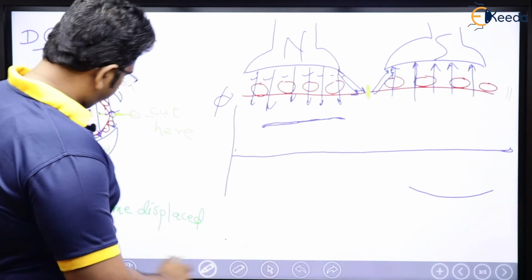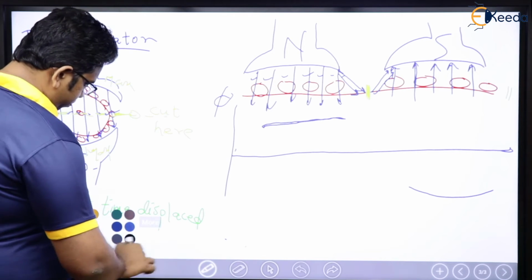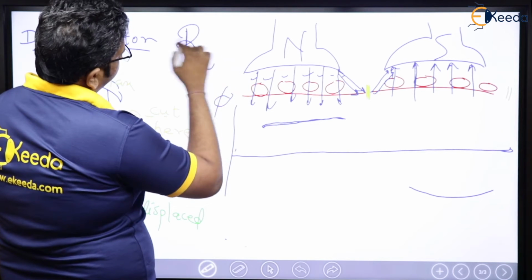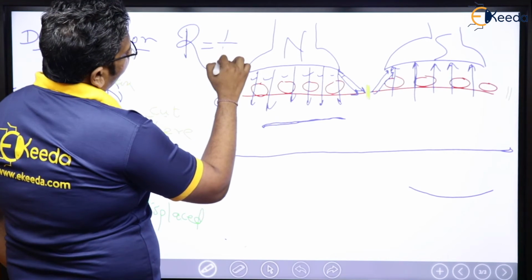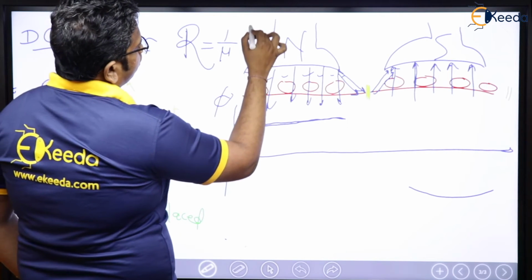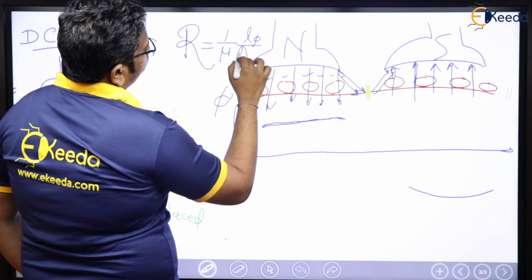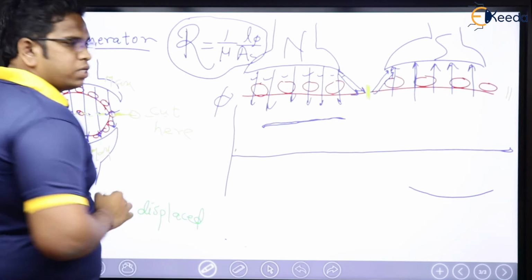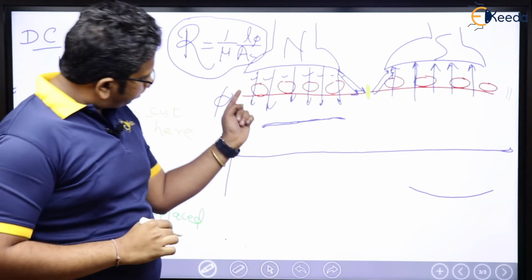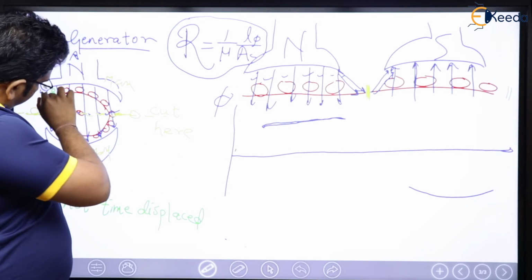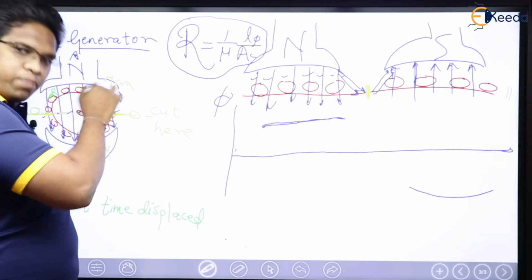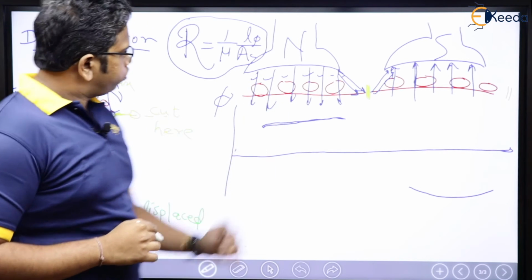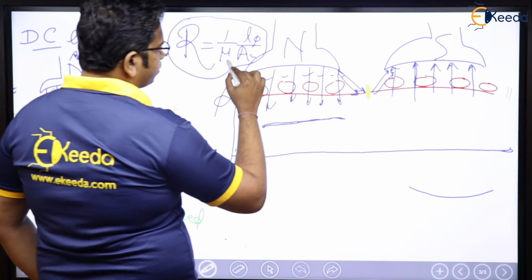Come here, come on, see. The formula for reluctance is 1 upon mu, length of flux path upon area of the core, cross section of the core. This is the formula. Now if you see, everywhere the length between the rotor and my stator is the same. And area of cross section we are considering constant.